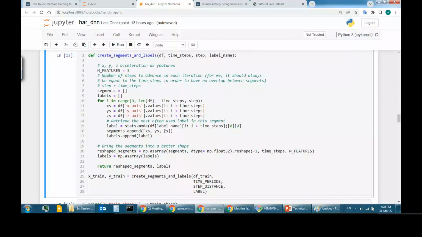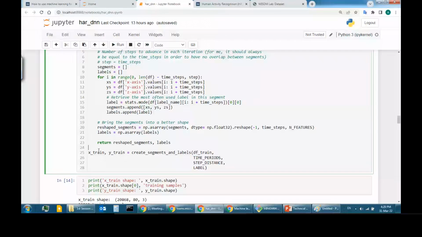Actually, these are time steps, and they put them into the segment, and they add segments one after the other, the X and the Y and the Z. They take a number of samples from the X, the same number from the Y, and from the Z column, and then they concatenate this in one row. So this is now a single sample. Anyway, the details are not very important, but from these segments, they will produce the training dataset.